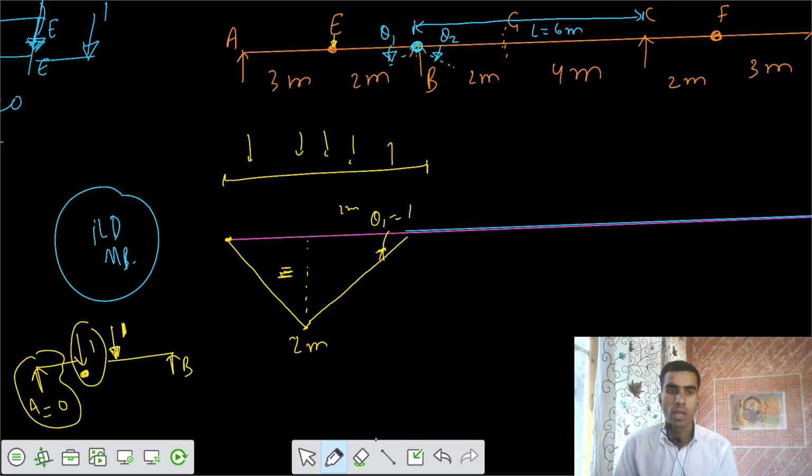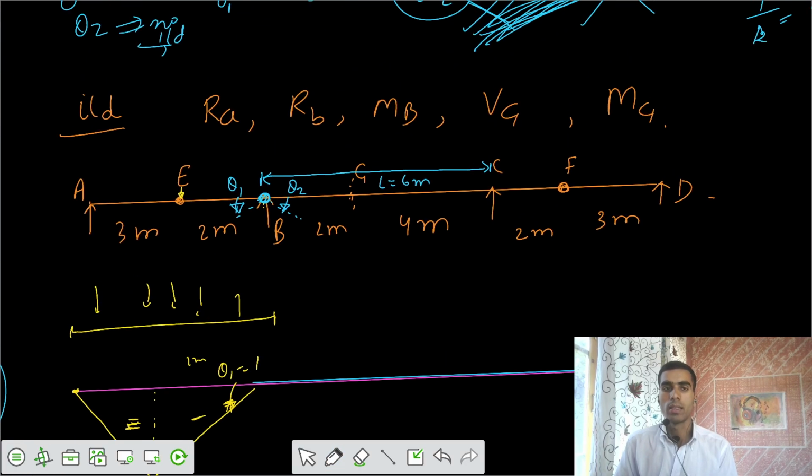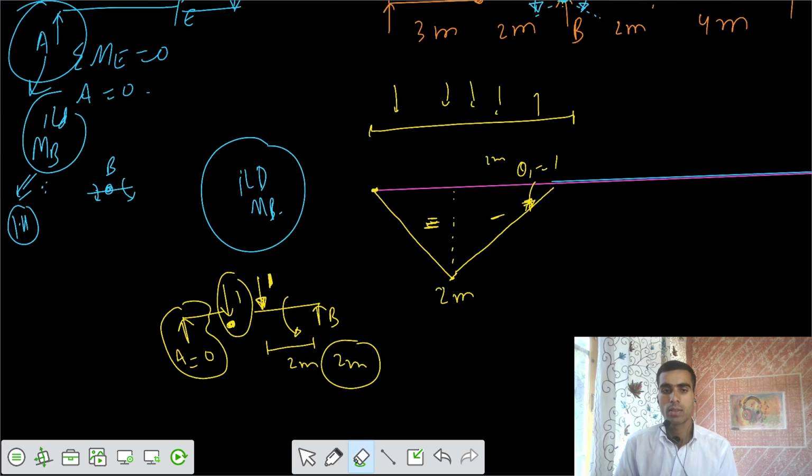If there is 1 unit trying to rotate it anti-clockwise, the moment is 1 into 2 meters, so 2 meter unit, anti-clockwise, negative. That's why this is the value here. We got this ILD. Okay, let's remove this part.